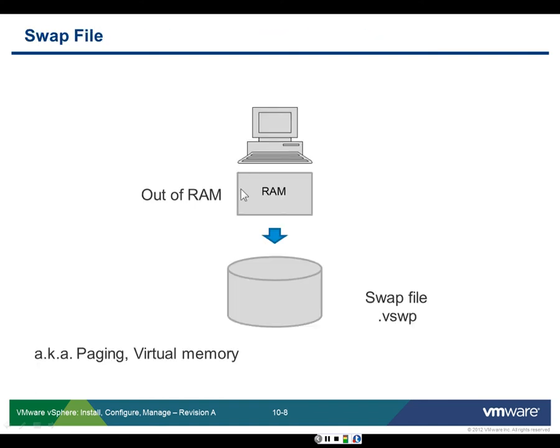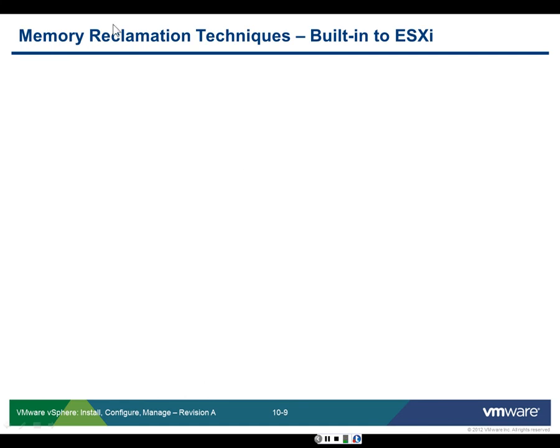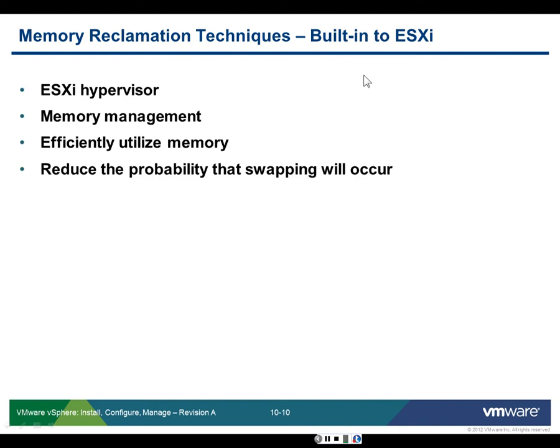So ideally, swapping doesn't happen. Ideally, you don't run out of RAM. So memory reclamation techniques are technologies built into the ESXi host, built into the hypervisor, that perform memory management, that efficiently utilize memory, and that reduce the probability that swapping will occur.